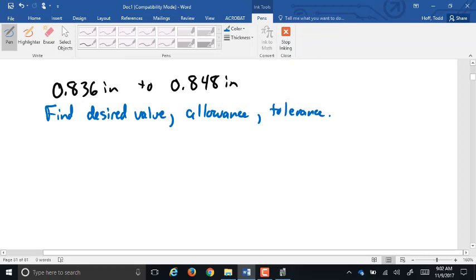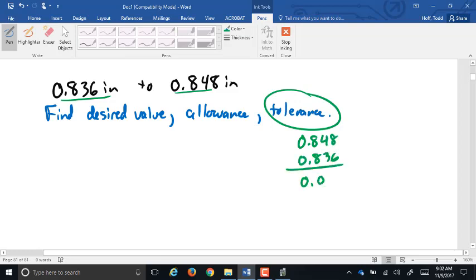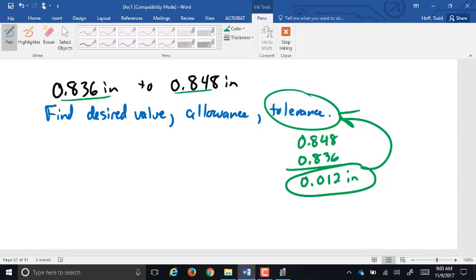Well, from this notation up here, the tolerance is easy to find. The tolerance is just going to be the maximum value minus the minimum value. So I subtract the 0.848 minus the 0.836, I get 0.012. That's my tolerance.